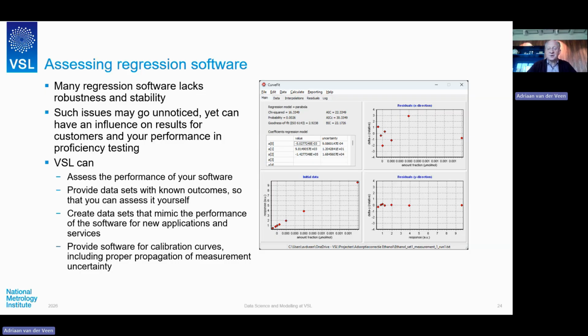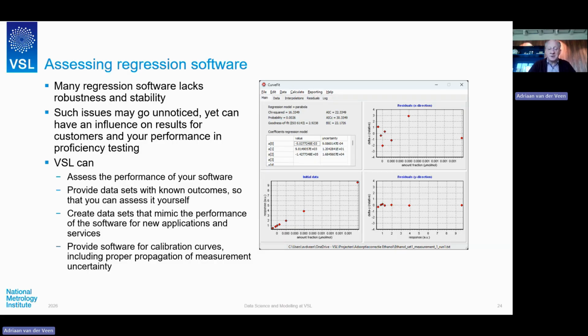Do you see that firsthand? Well, sometimes, and if you see it, then it should immediately alarm you. But sometimes it simply goes unnoticed until a customer starts complaining or you have a poor performance in a proficiency test.